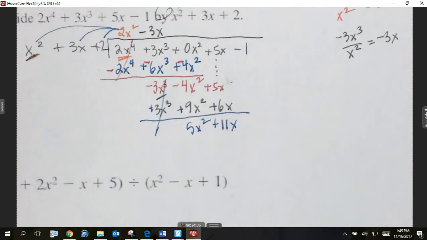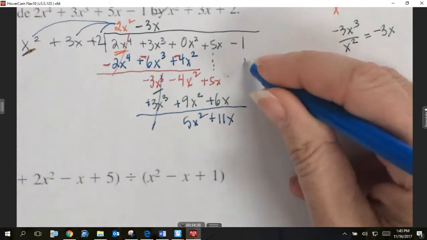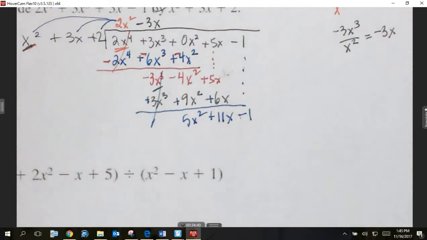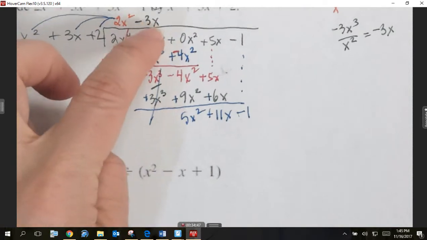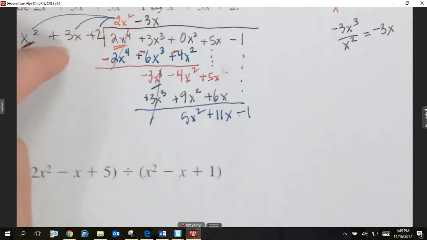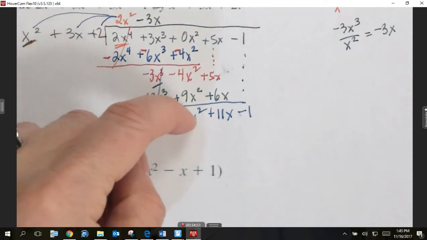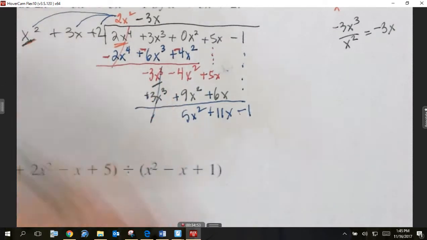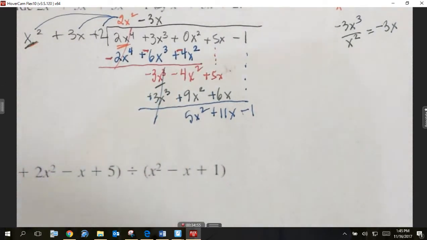Then, bring it on down. I distributed the negative 3 times the positive 3x and I got minus 9x squared. And then I changed the sign so I can subtract it. All right, now we have divide.